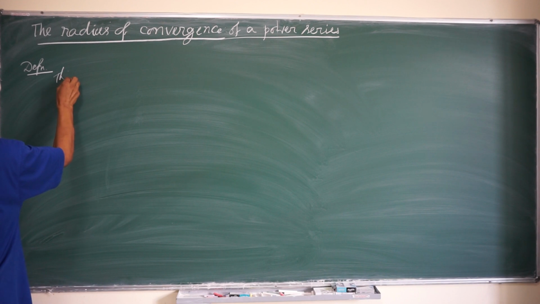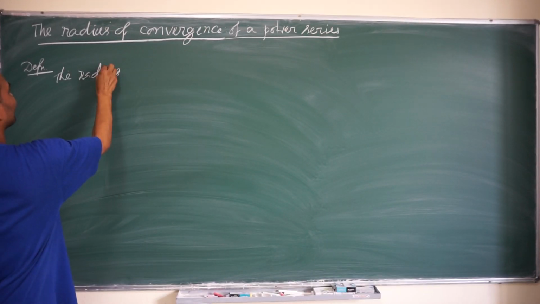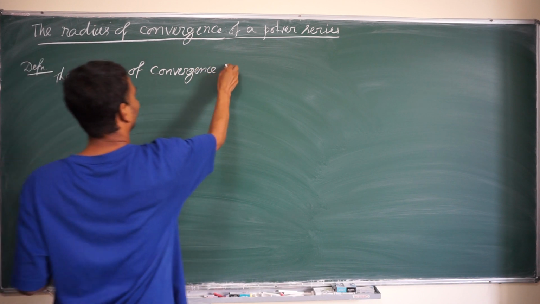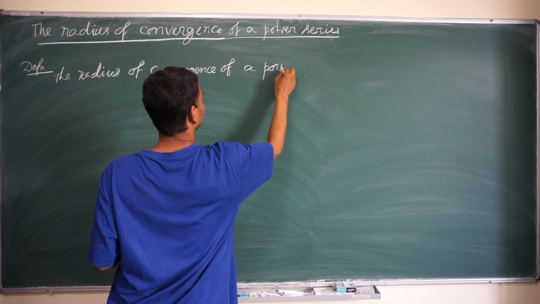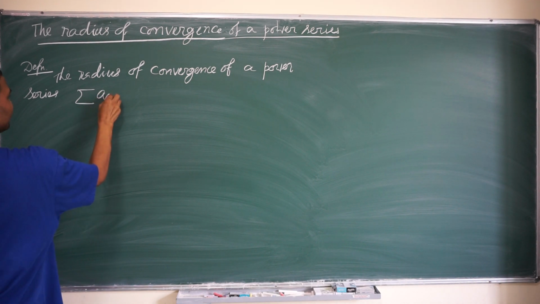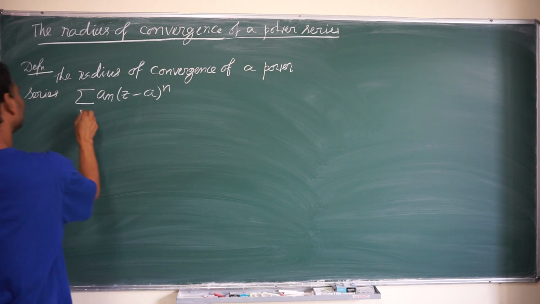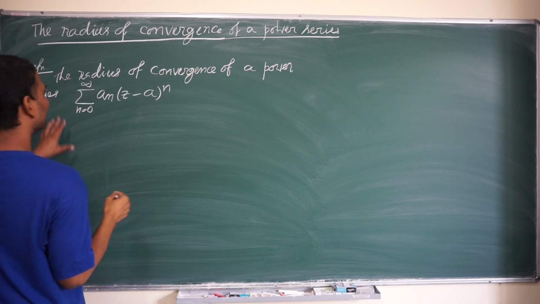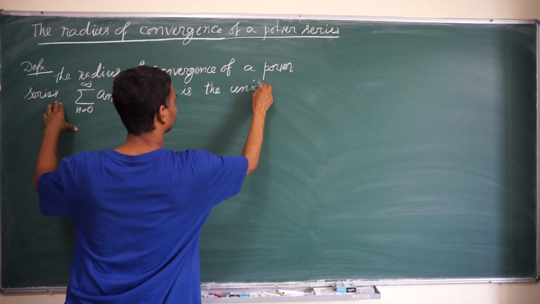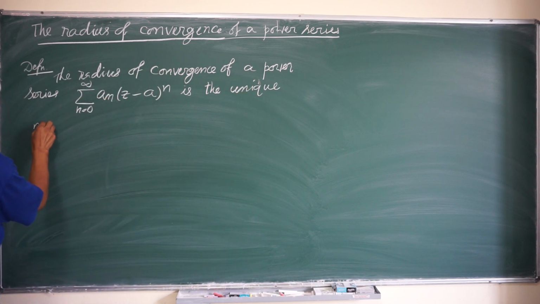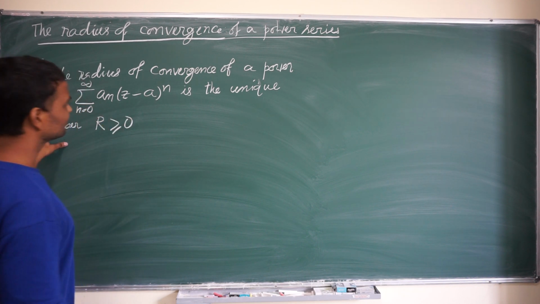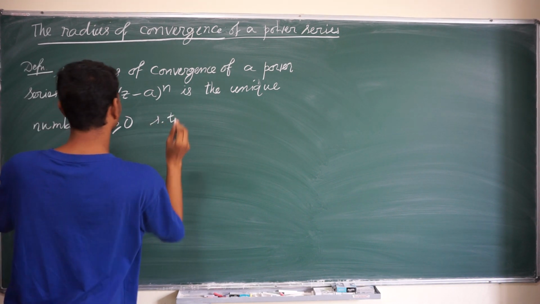So the radius of convergence of a power series summation a_n (z minus a)^n, n from 0 to infinity, is the unique number r greater or equal to 0, unique non-negative number such that the following two things hold.